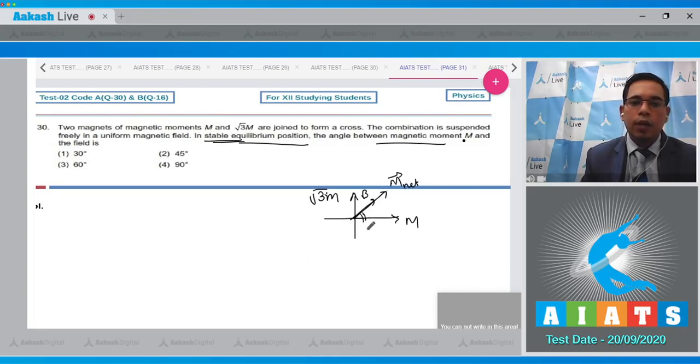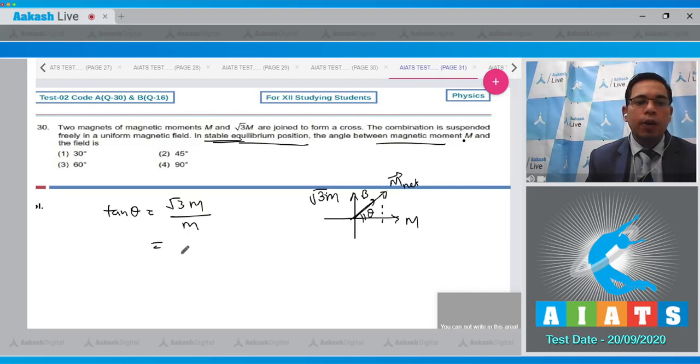Now this angle is to be found. From trigonometry, tan theta equals root 3 m divided by m, which equals root 3. From here theta will be equal to 60 degree. That means the angle between the field and m vector is 60 degree. Hence option number 3 will be the correct answer.